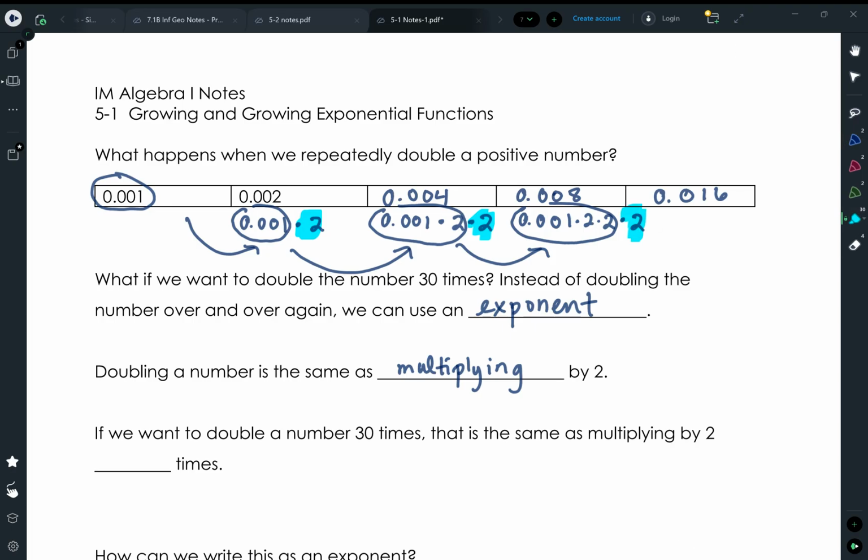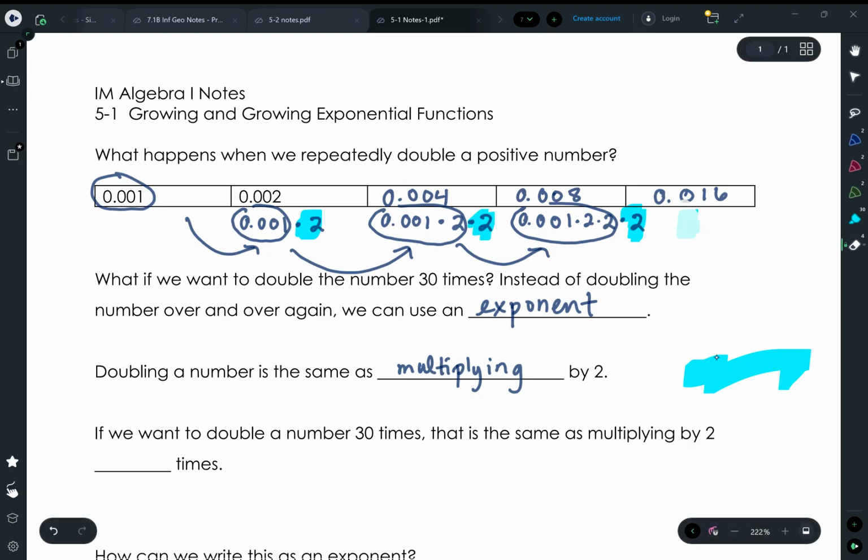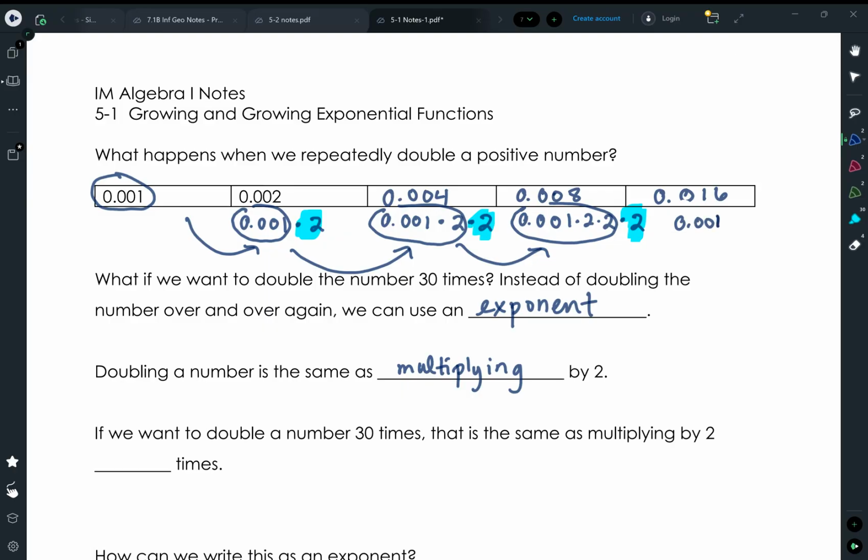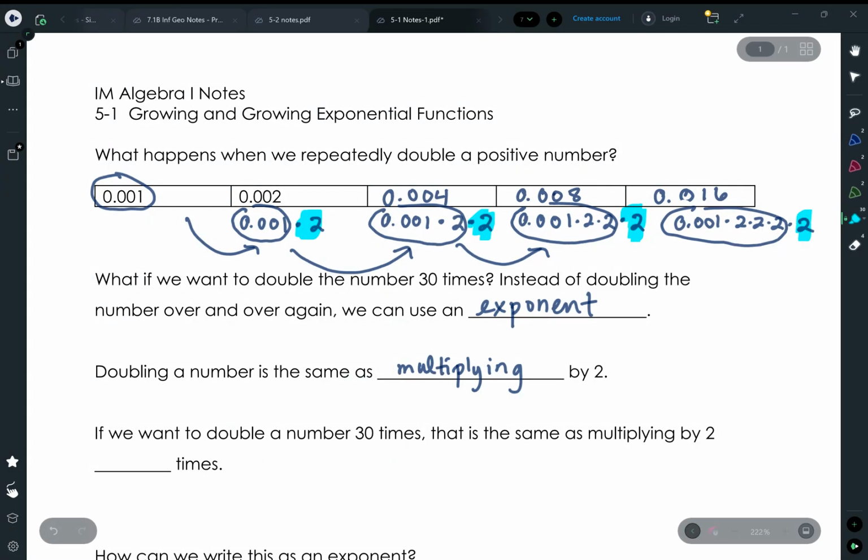Okay, so for my last one, I would take what I already had. Gotta erase this. I do not want to be using my highlighter. So if I think about what I had in my last step, I already had the 0.001, and I had that multiplied by 3 2's already, and then I need to multiply it by yet one more 2. So this is what I already had in the last step. That's equal to that 0.008, and then I have to do times another 2.